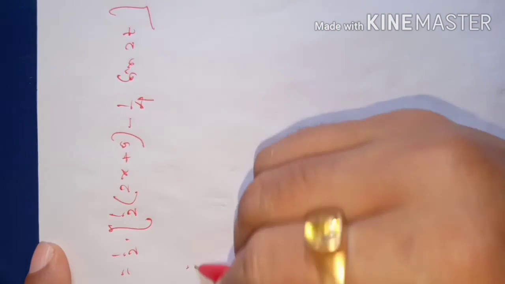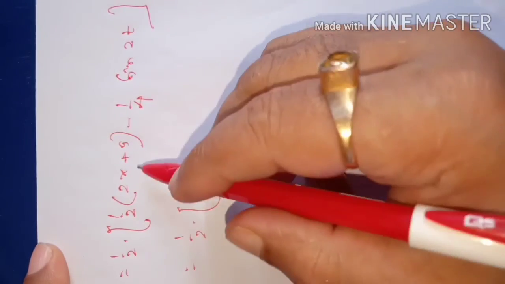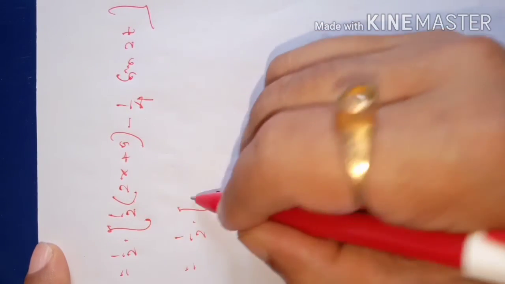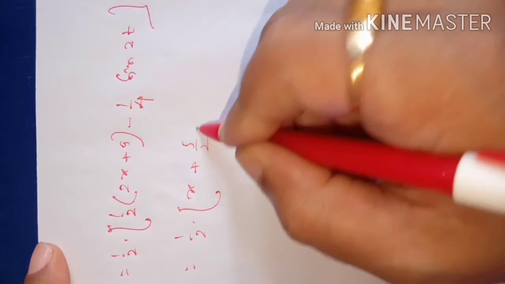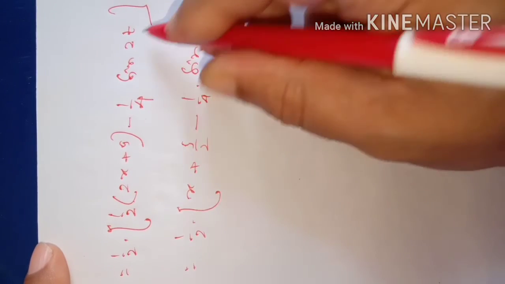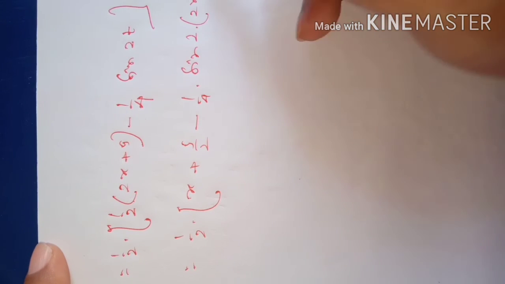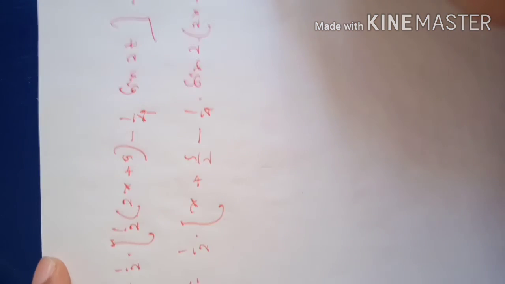Again the t you have to replace, half into this, if we multiply the half over this, it will be x plus 5 by 2 minus 1 by 4 into sine 2 into t, where t stands for twice x plus 5, plus c. This is our answer.